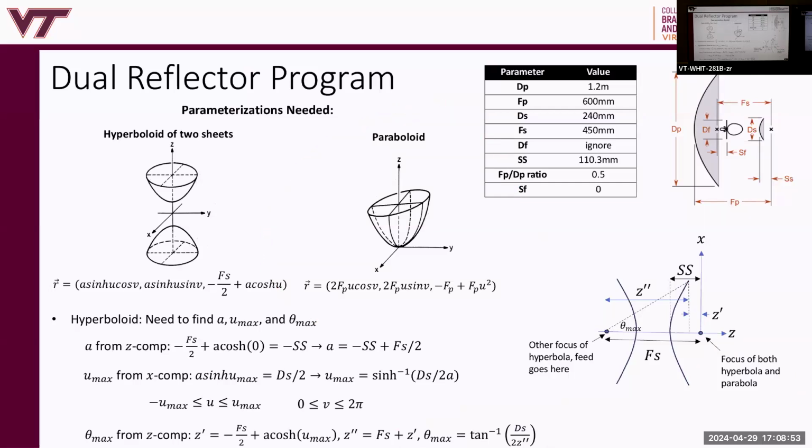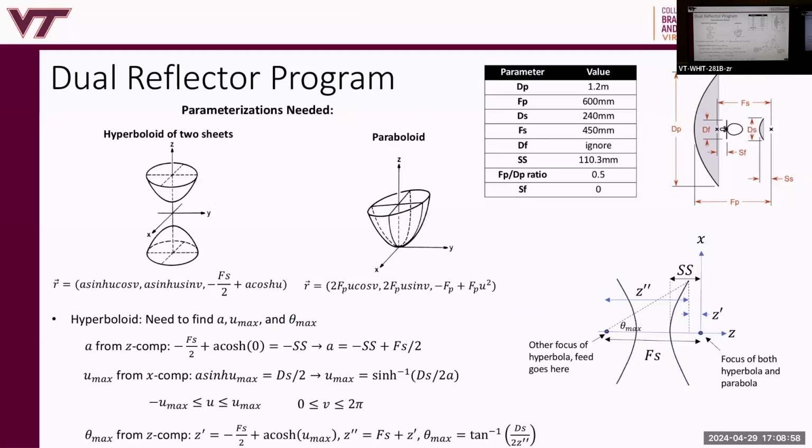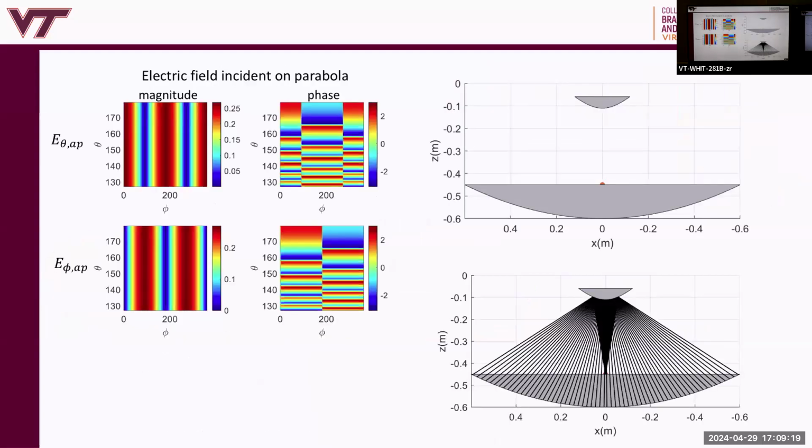This is the exact form for the parameterization of a hyperboloid or a paraboloid with a focal length of fp. But this has its vertex at the origin, so you just need to shift it so that its vertex is at minus fp. That's what this minus fp is. You just add these two to the code, and you literally get this.